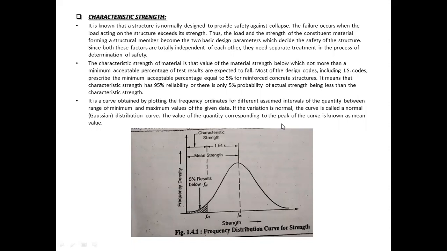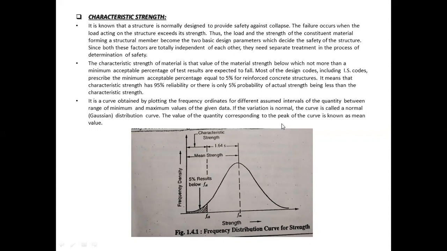So characteristic strength is basically the strength which acts 95% in favor of safety, where the strength or durability of the structure will act in favor of safety against the given load.